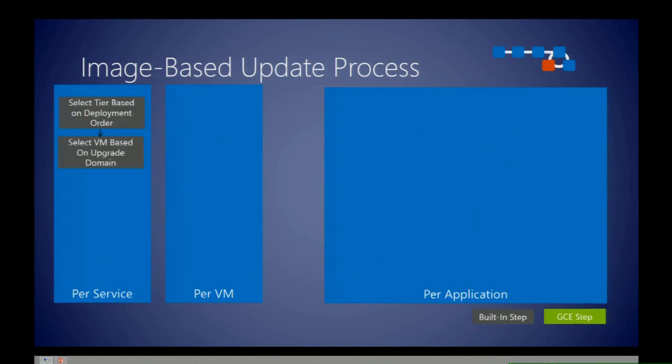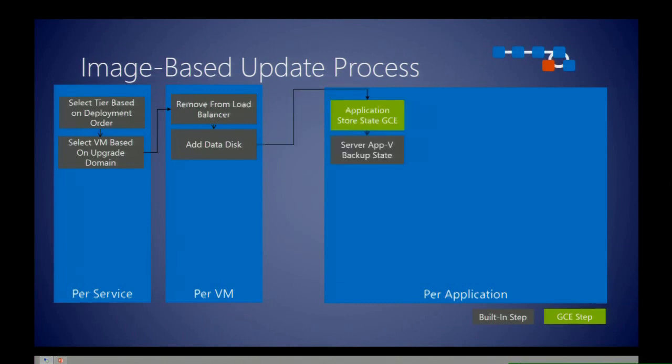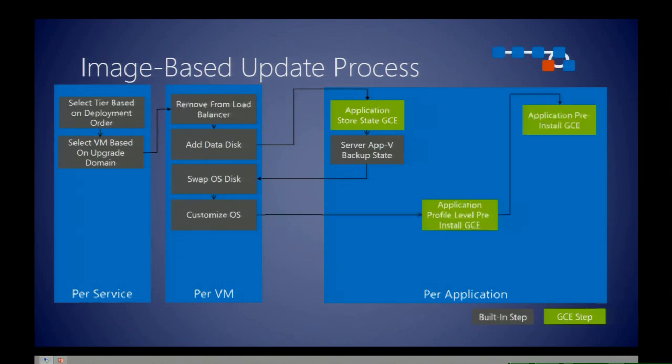This is essentially going to do the same type of process, but if it's going to add another disk or do whatever it needs to do there, it goes through a different process because Server App-V has its own process for maintaining the state of the machine. So if you give another Server App-V package, it's going to have to remove the OS disk because it's based on an image. And that's just an idiosyncrasy of Server App-V.